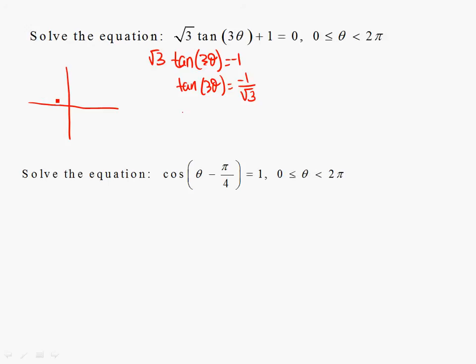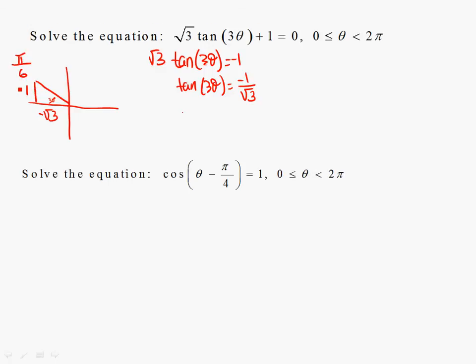So the first spot that occurs is over here, right? So opposite is, in this case, the 1 and that's the negative. So here is one location where my tangent is negative. So what angle goes with this? This is another 30-degree angle, so it's a pi over 6.